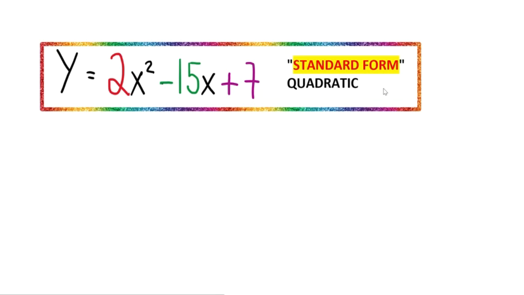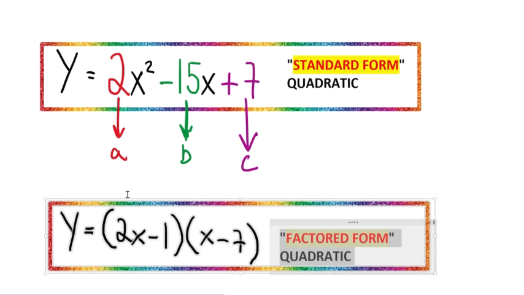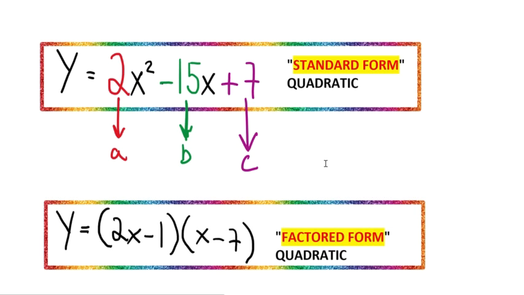So from the original standard form of our quadratic, where we had a of 2x squared, b of -15x, and c of +7, we managed to factor it into a factored form of 2x minus 1, one binomial product, and x minus 7, another binomial product. This would be known as the factored form of the quadratic.